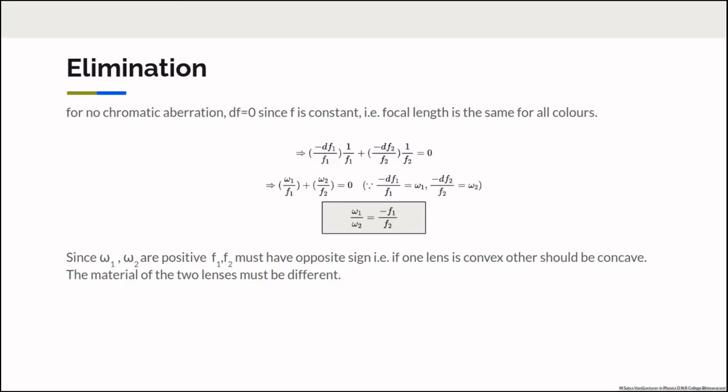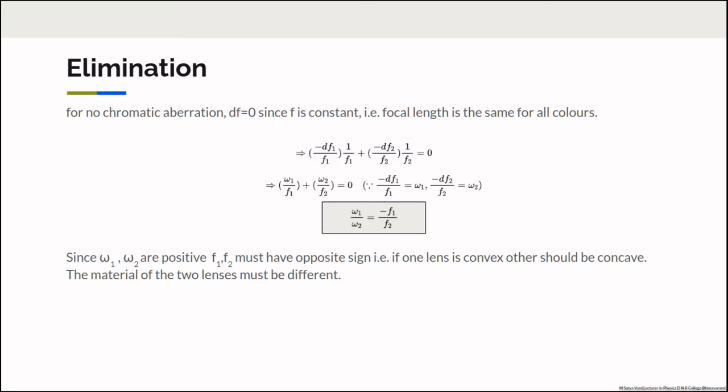That means one of the lenses must have a negative focal length. Minus indicates concave, positive sign of focal length indicates convex lens. Therefore, the minus sign in the above equation indicates that one of the lenses must be concave and the second one must be convex.